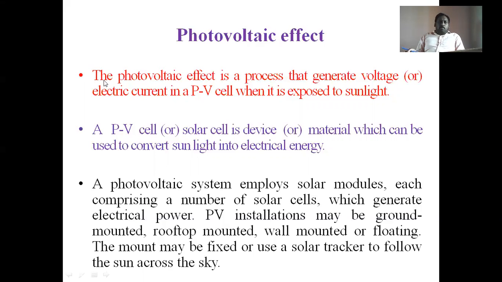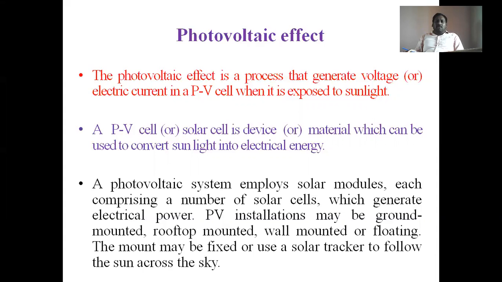Based upon this particular principle, all PV cells or solar cells or solar panels work. What does that mean? A process that generates voltage or electric current when sunlight is exposed to a PV cell. This is called photovoltaic effect.